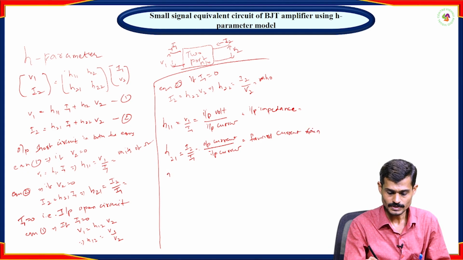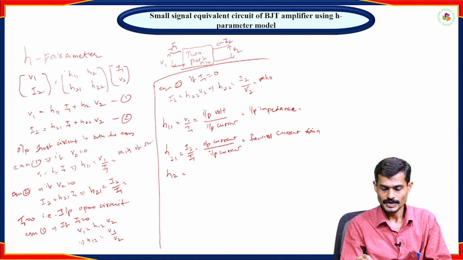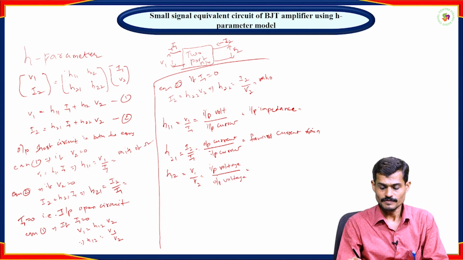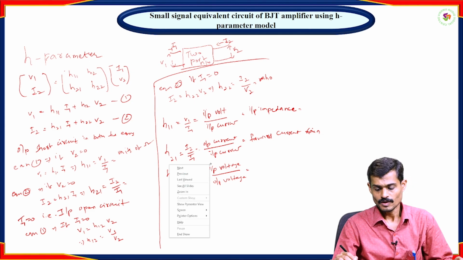And H12 equals V1 by V2, that is input voltage by output voltage. V1 is the input voltage, V2 is the output voltage. Actually, if it is output by input, then it would be called a gain, but this is the inverse, input voltage by output voltage.